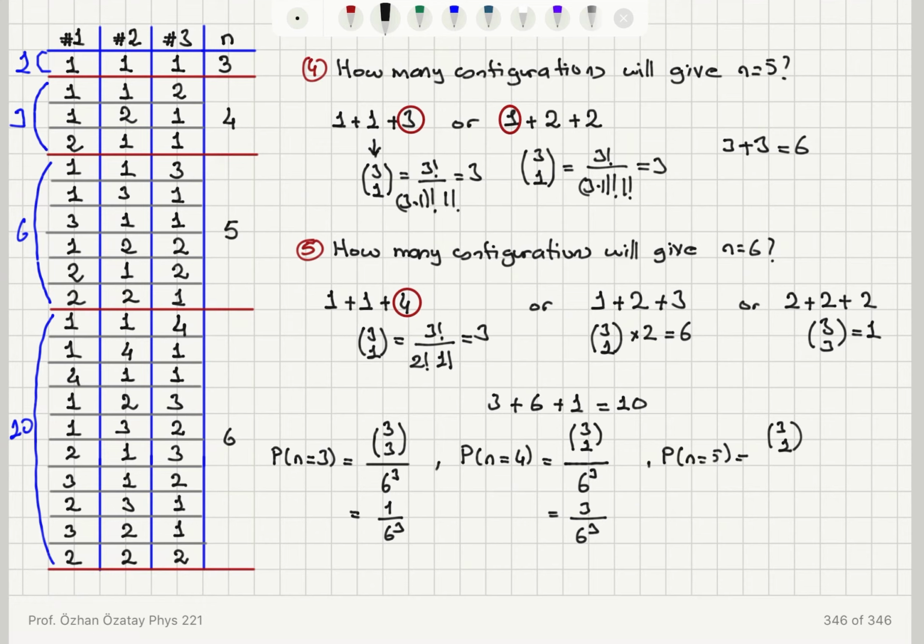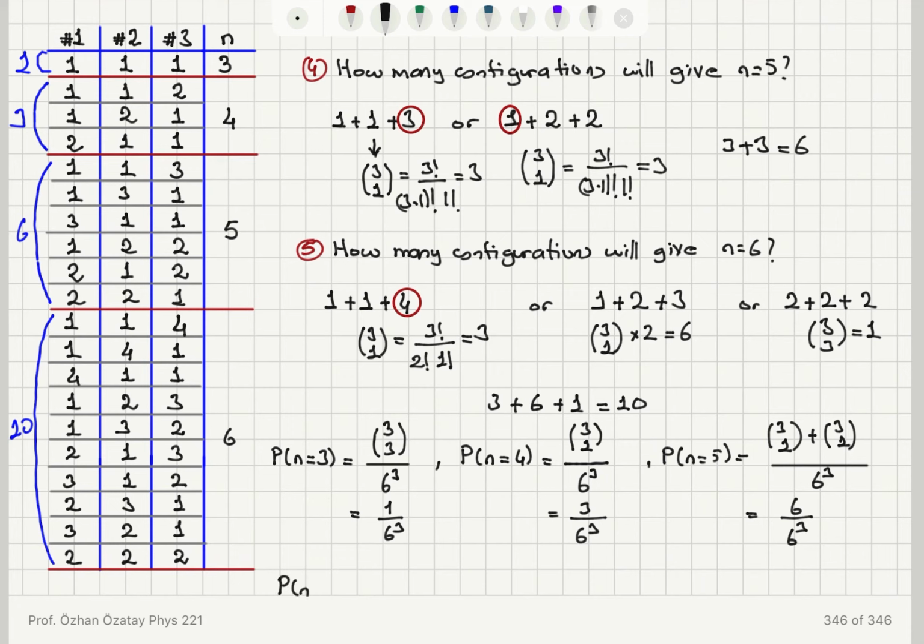So because we have the 1, 1, 3 scenario, or the 1, 2, 2 scenario, 3, 1 plus 3, 1 divided by 6 to the power 3, the total number of possibilities. So this gives us 6 divided by 6 to the power 3.